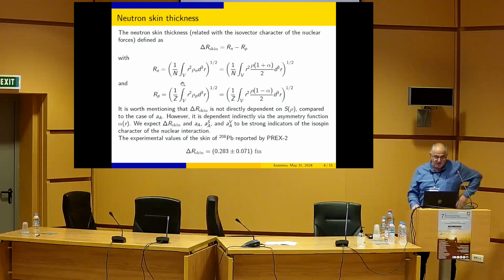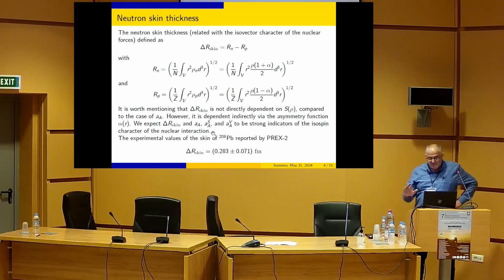For example, as you can see here, both proton and neutron radii are related to the symmetry coefficients, but not to the symmetry energy. But indirectly, we will see below that there is a connection between the skin thickness and the symmetry energy. And directly, the symmetry coefficients are related to the symmetry energy.